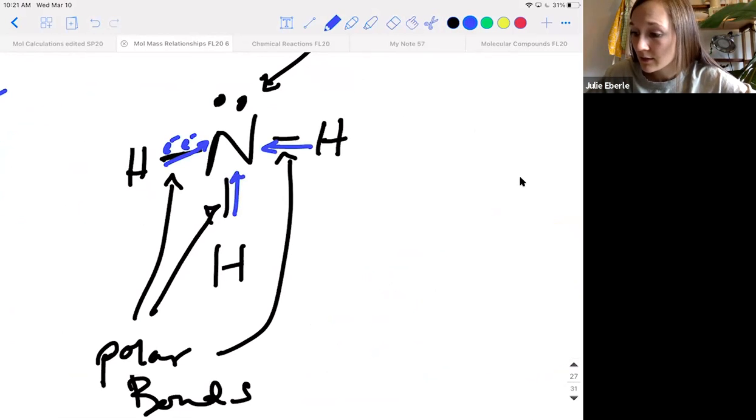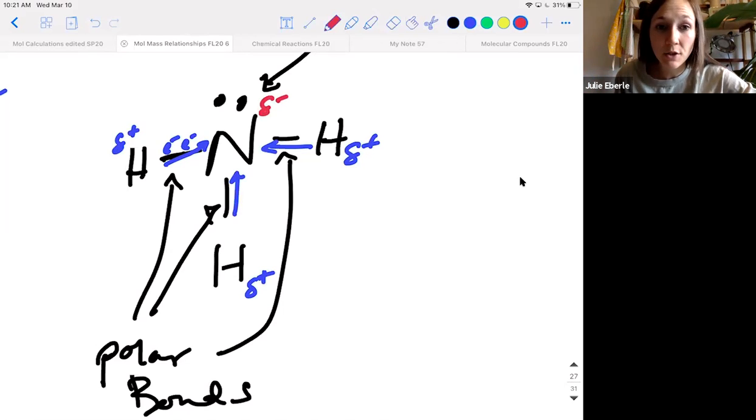Okay, and so because of that, you can draw in the partial positives on hydrogen and partial negative on nitrogen. And especially knowing you have a lone pair there, that's a region that's electron dense. There's a lot of negative charge there because there's a lone pair there.